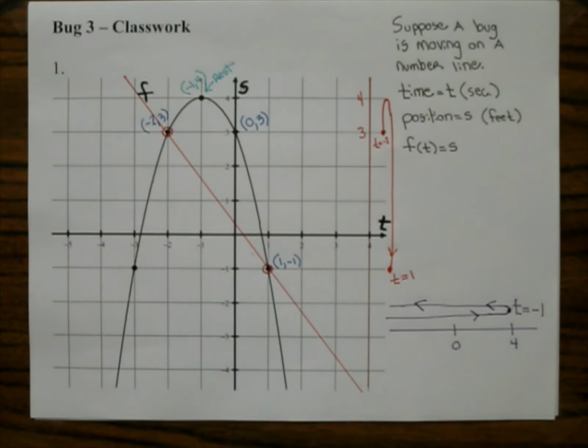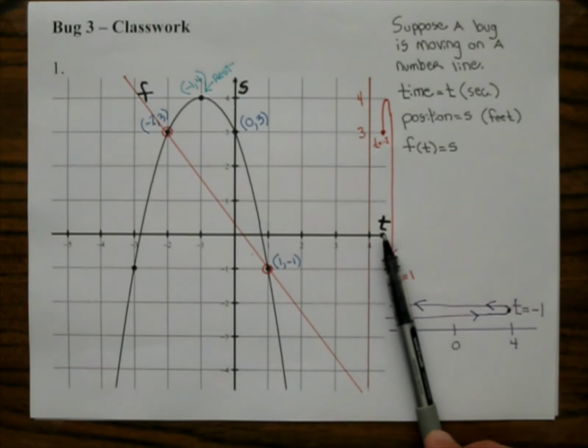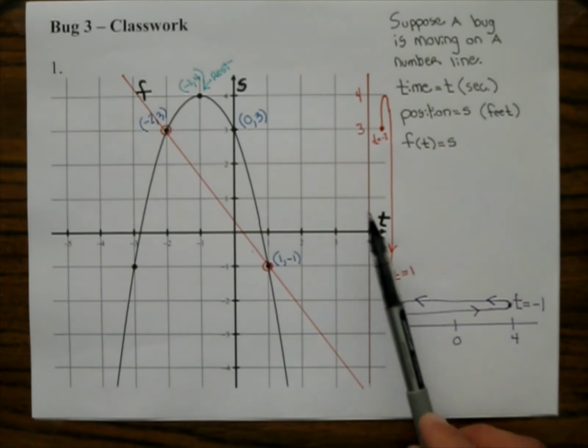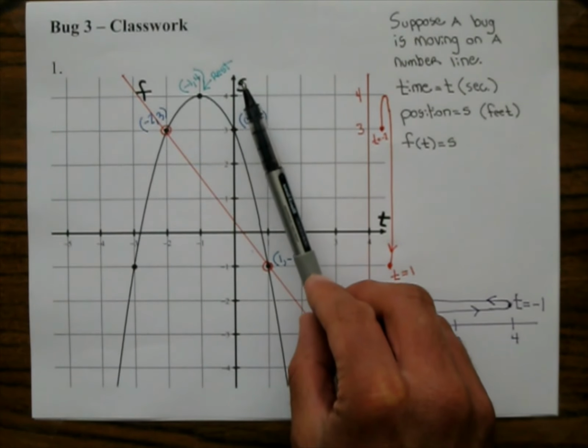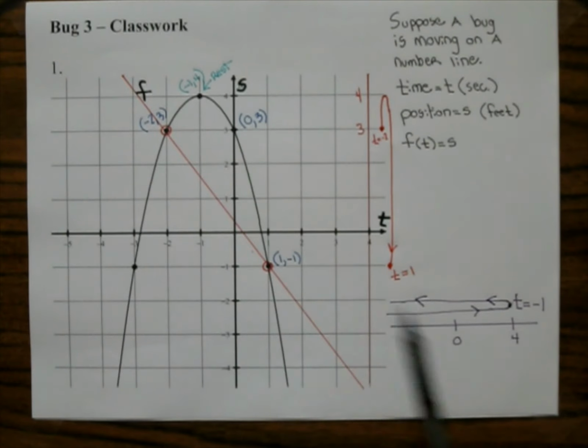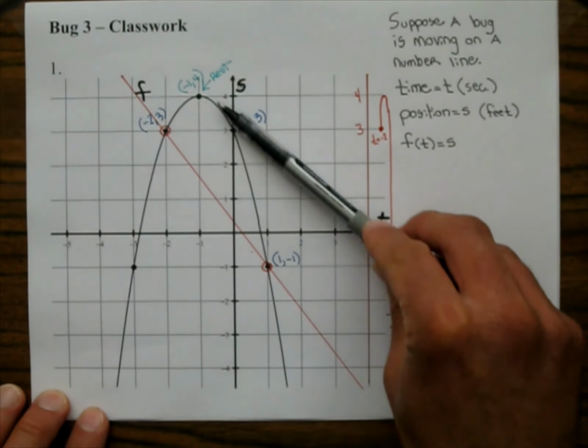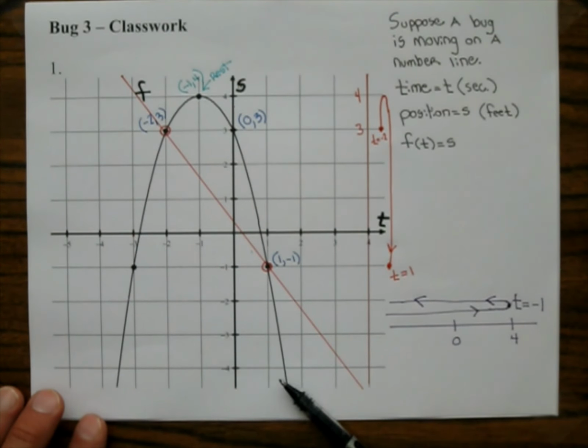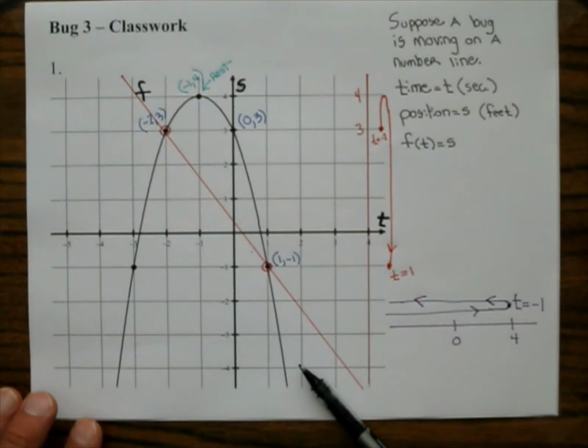Like this one, the bug's motion was given with a graph, time on one axis, position on the number line, where you're on the number line on the y-axis. We're going to give you the next problem. I'm not going to give you the function picture, but I'll just give you a regular function that says f of t equals something. That will be problem 2.